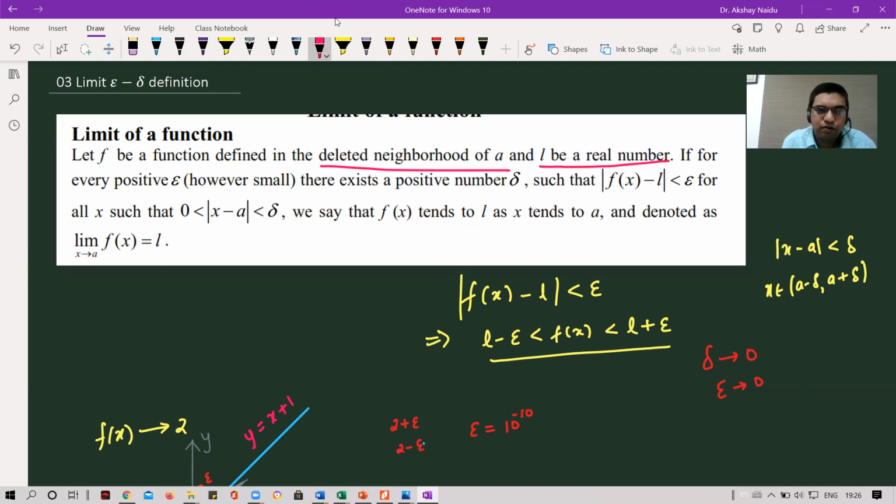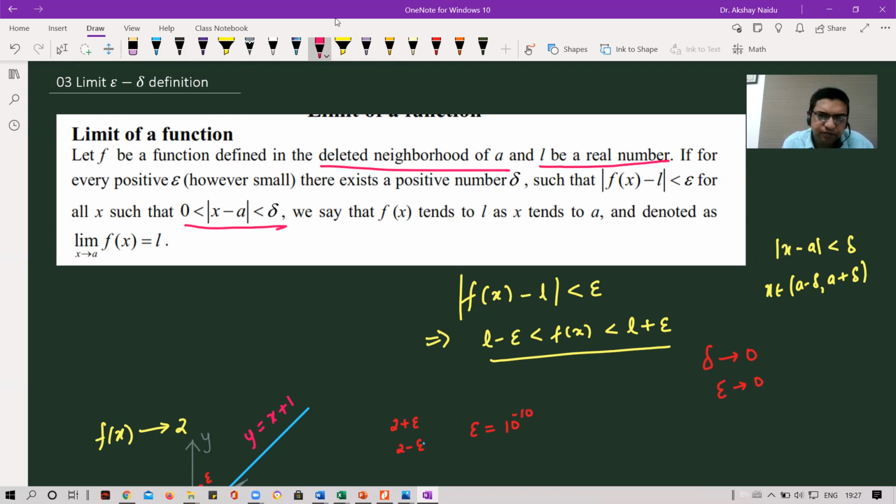For every positive epsilon, however small, there exists a positive number delta such that modulus of f of x minus L is less than epsilon for all x such that 0 less than modulus of x minus a less than delta.